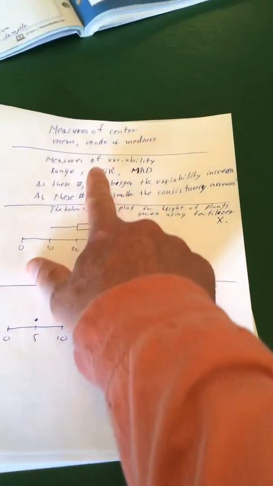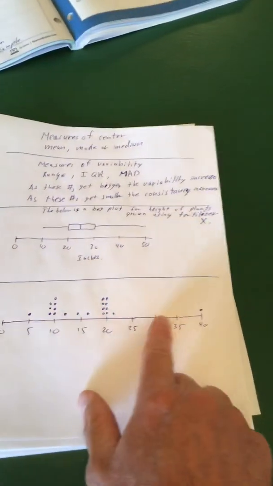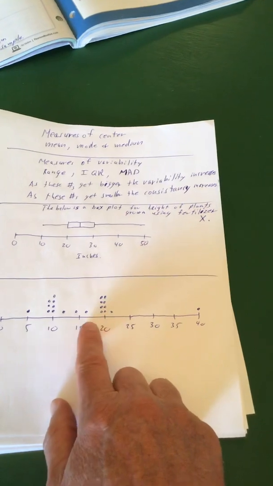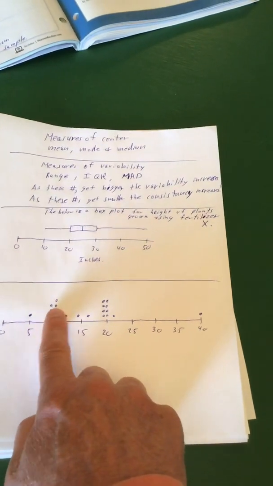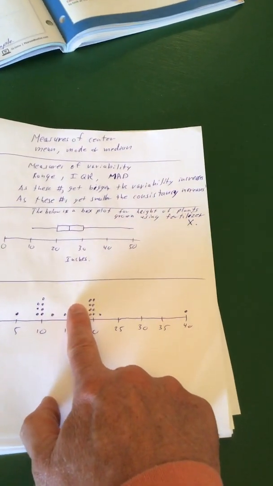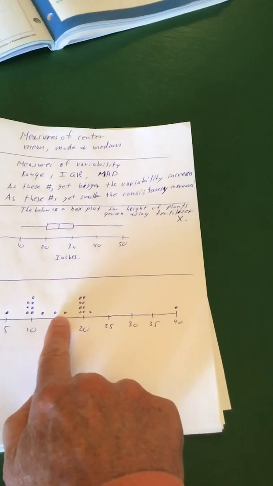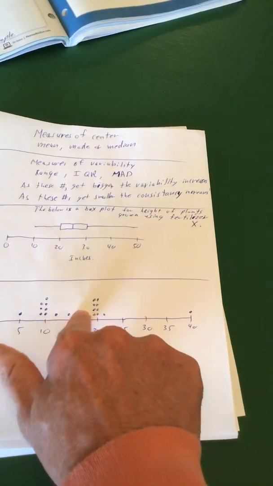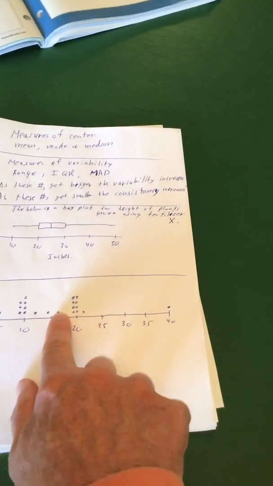As far as measures of center, the easiest one to find would be the median. Here you got 7, 8 numbers, 9, 10, and then here's 8, 9, 10. So there's 10 numbers to the left of that, and there's 10 numbers to the right of that.